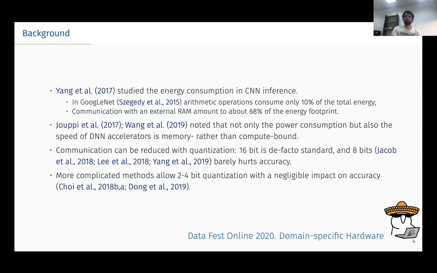And communication can obviously be reduced if we require fewer bits per input or per activation. And 16-bit, as you probably all know, is almost a standard now for both training and inference. 8-bit can often be achieved without significant inaccuracy and without complicated tricks. If we try some more involved methods, we can get down to 2 up to 4 bits without significant impact on accuracy, at least for ResNets and for image classification.